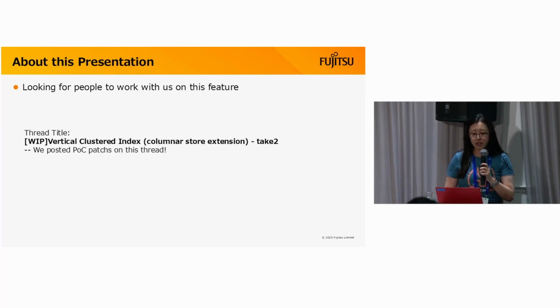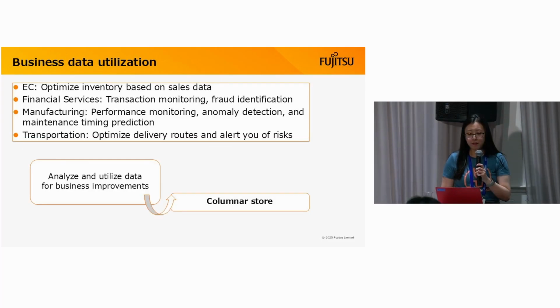In recent years, analyzing business data and using the results to make decisions has been needed in every industry. Here are some examples. An EC business that sells products and services on the internet uses product sales data to optimize inventory.